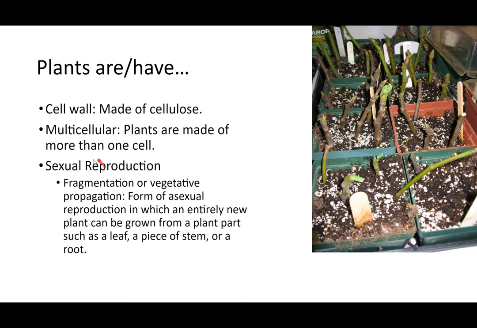However, most plants will want to use sexual reproduction to reproduce, pollen and the egg, because remember, there are certain advantages to reproducing sexually versus reproducing asexually. So here we have an example of a fig tree stem that has been planted in soil, and they're growing new roots and shoots to regrow the fig tree.